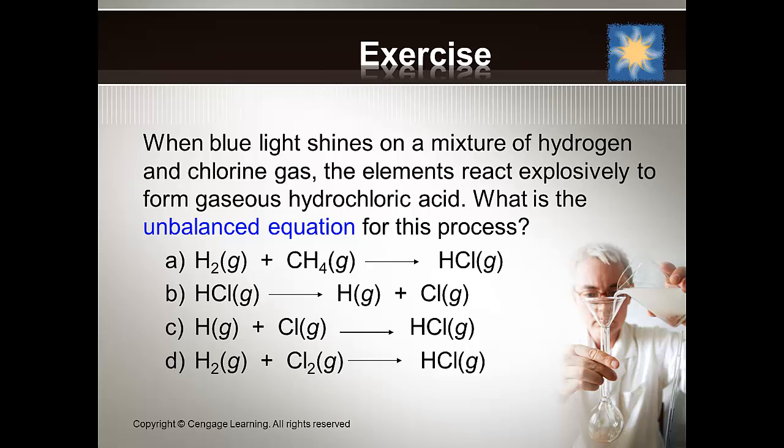So we've got a mixture of hydrogen and chlorine gas. They must be our reactants. Hydrogen and chlorine gas. Okay, so I can only really see 2 options here that make sense, which is C or D. So which will it be?